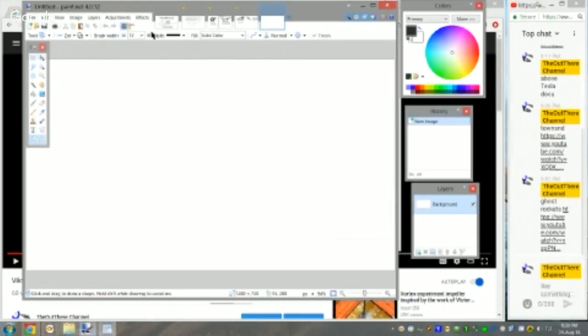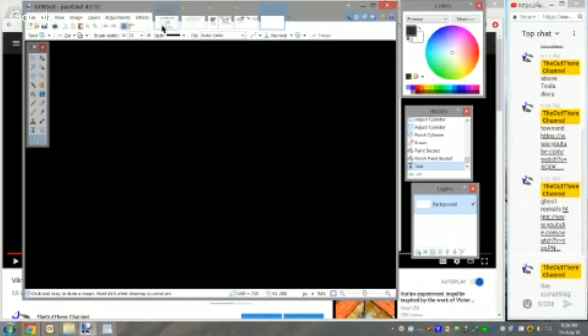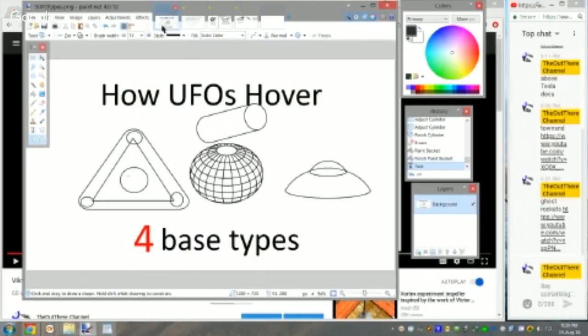that diagram I drew initially, this is where we got different shaped craft. Now, this one here, the triangle craft, it's obviously generating a field by the middle part of the craft. It's got some sort of spinning happening in the middle of the craft here, and it's got engines on the corners, so basically it's like a flying platform, but it's less weight because it's creating a field, but it's not the ideal shape, obviously.